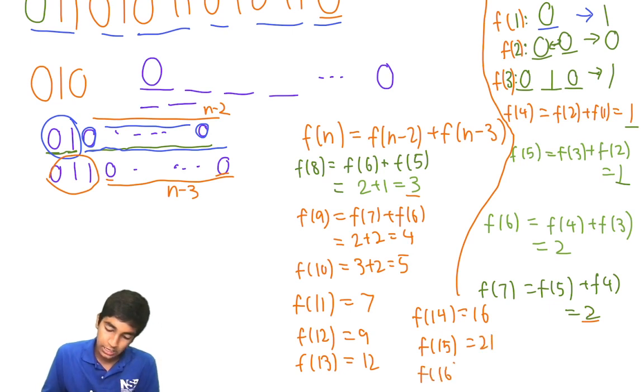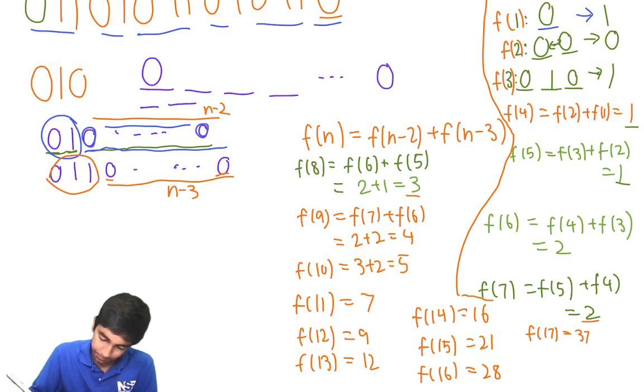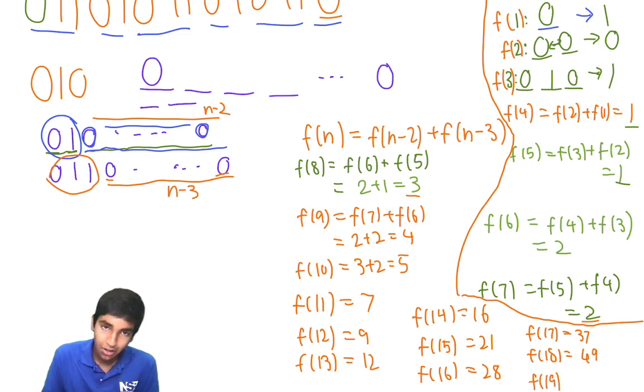F16, f14 plus f13 equals 28. F17 equal to f15 plus f14 equals 37. F18 equals f16 plus f15, 49. Finally, f19, f of 17 plus f of 16 equal to 65. And that's the answer.